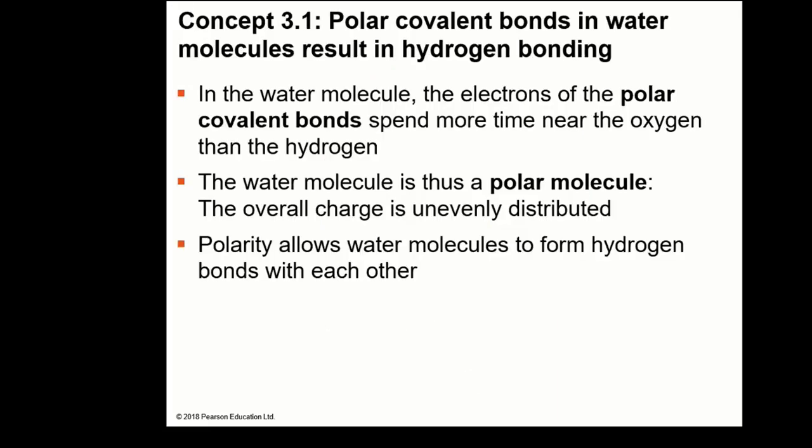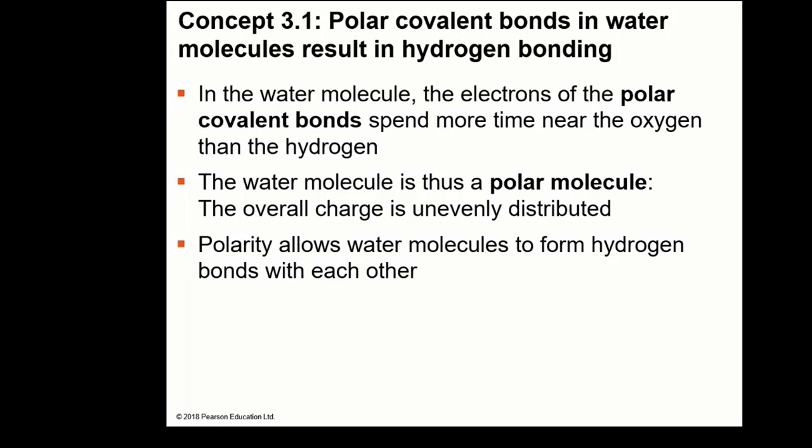Proceeding into that is this concept of polar covalent bonds in water molecules, which results in hydrogen bonding. So in the water molecule, the electrons of the polar covalent bonds spend more time near the oxygen than the hydrogen. We'll explain later what they mean by that.